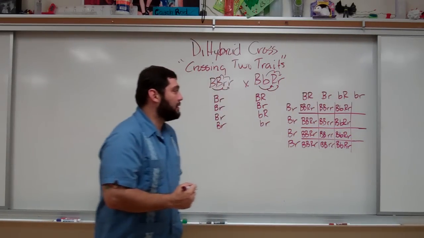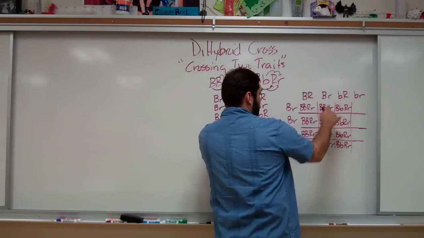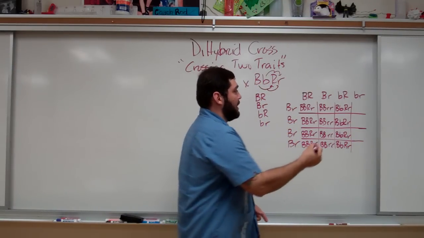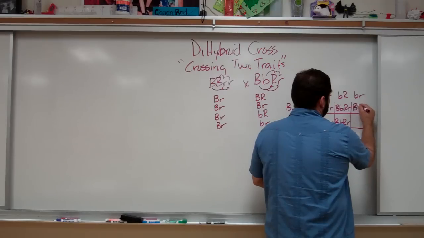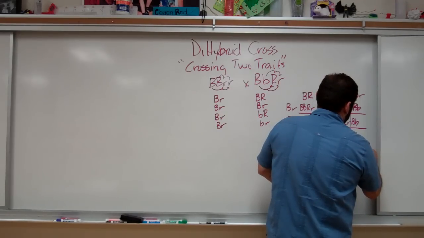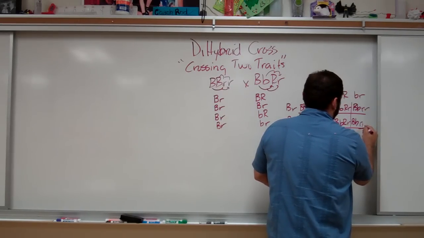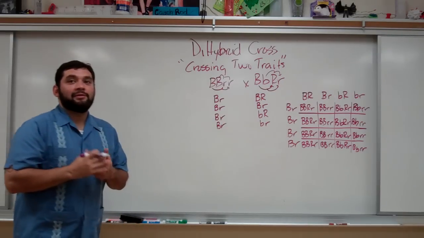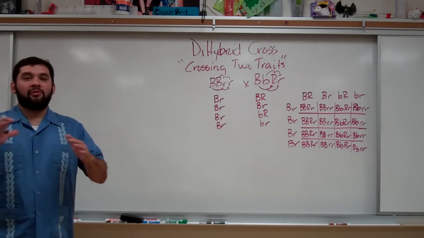Big B, big R, little r, right there. See how I got that? Then find your last one. They're going to be big B, little b, all the way down, and then little r. Two traits, I know it's confusing, it's crazy.